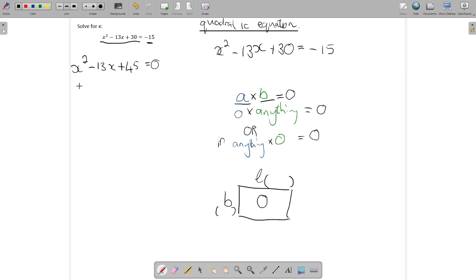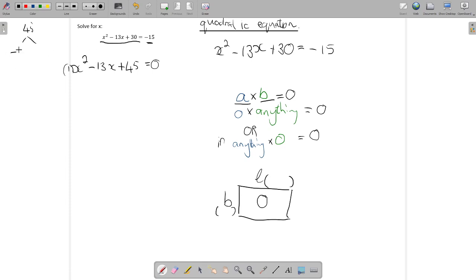So what I'm going to do is factorize this trinomial. How do I factorize this trinomial? I multiply the coefficient of the first term with my last term, and I'll get 45. Now what are my factors of 45 that can add to give me negative 13?